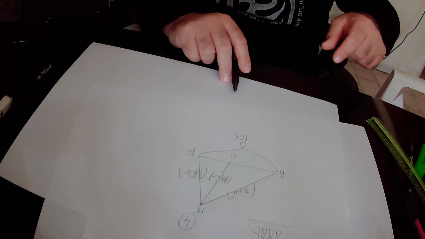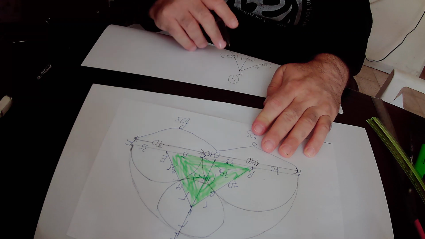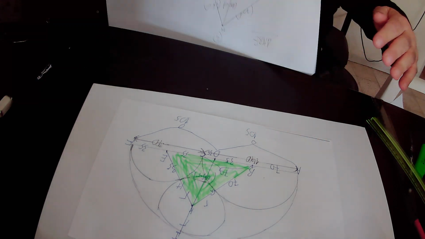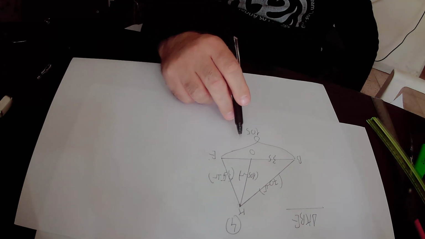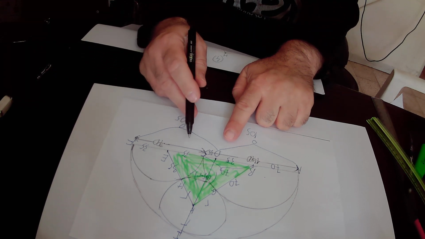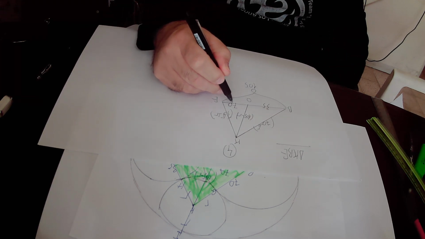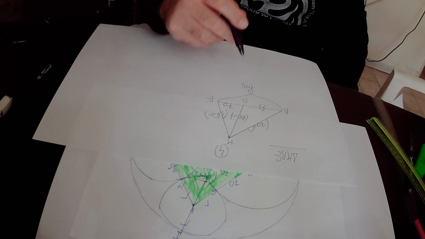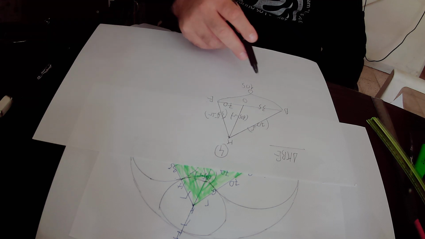Line segment BO equals 35 units. And line segment OE equals 35 plus 35, that is 70. Okay, now we can implement Stewart's theorem in this triangle KBE.